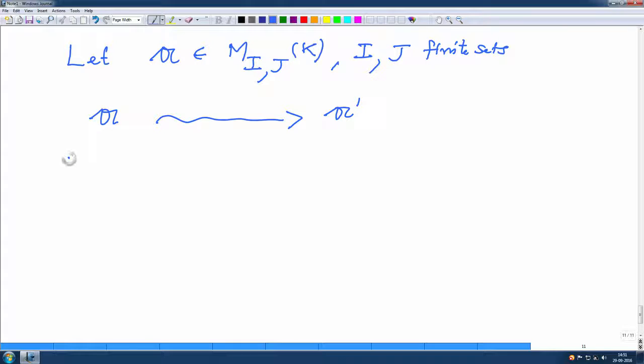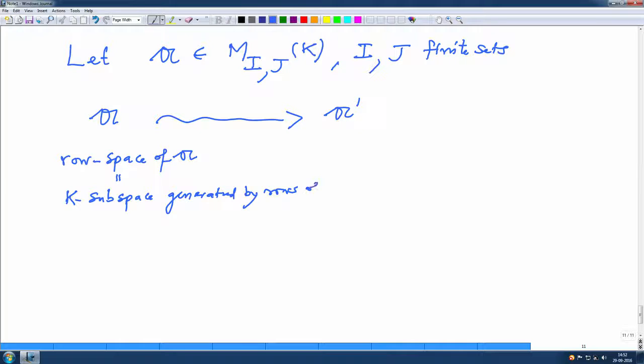So, when I say row space of A, that means a subspace generated by the rows of A. So, this is the same as the summation, in our notation, summation i in I, K R_i, where R_i is the ith row of A, and this is a K subspace of K power j.